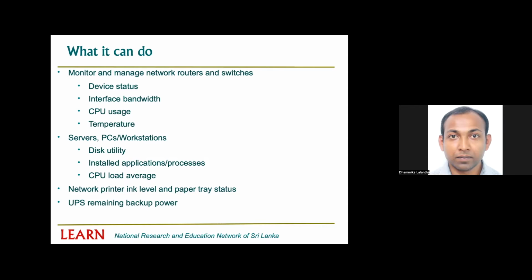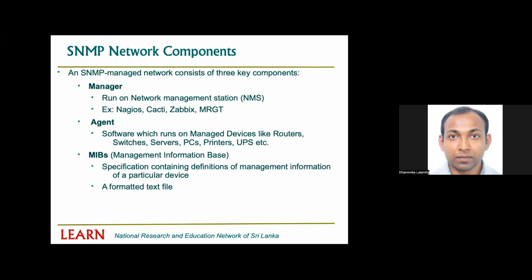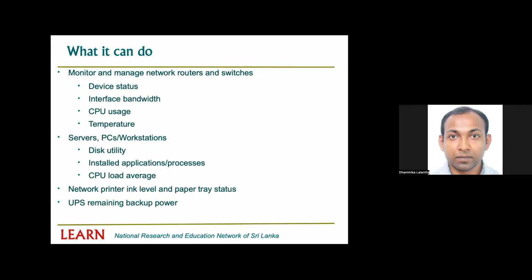And if a UPS supports SNMP, there are many UPS brands, and normally the corporate brands used in our offices support SNMP. So we can get the UPS parameters, like the backup power level and maybe the voltage level and current level.